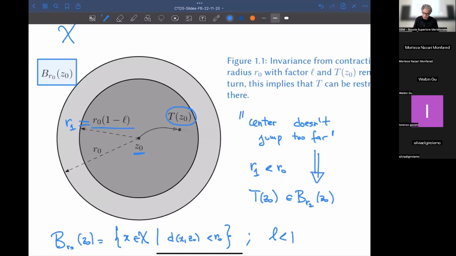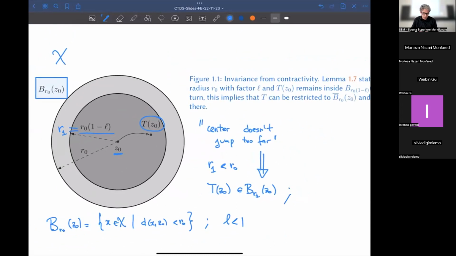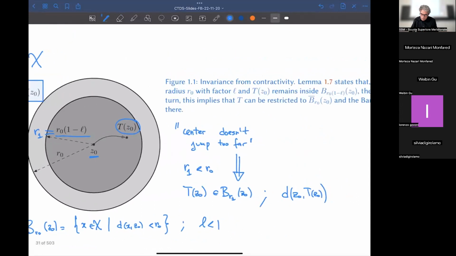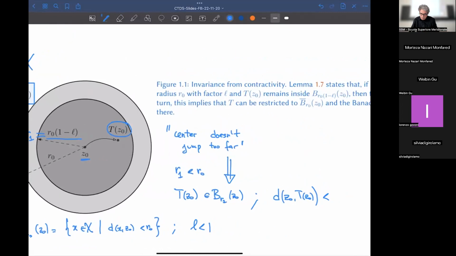Another way to put this is, equivalently, I'm asking for the distance between Z0 and T of Z0 to be less than R1. And R1, remember, is just R0 times 1 minus L. That's a sufficient condition.